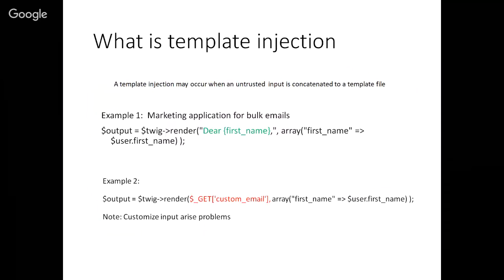Let's take an example of a marketing application that sends bulk emails to its clients. Suppose I'm sending mail to a few of my friends who are my customers. So I'll say, hello, dear Rahul, dear Monica, or dear Anamika, right? Like this, we will be greeting our customers using that template.